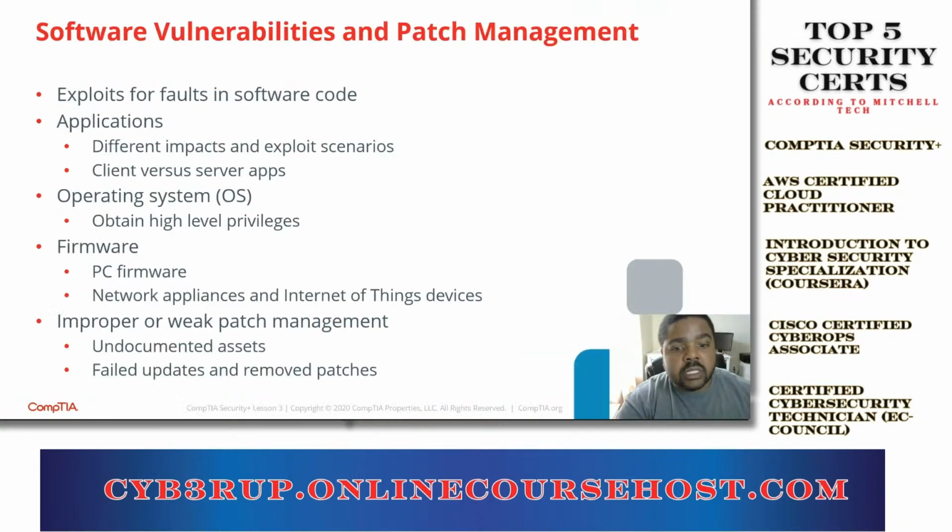A lot of times we see that the problem with vulnerabilities is that they live in a software world, right? So it's your application that's the problem, it's the actual operating system, or it's your firmware. They may need updates because they have a vulnerability that needs to be mitigated in order for you to work on it securely. So it's very important for us to understand how to update the applications that we have on our network.